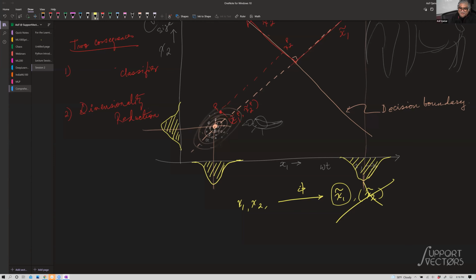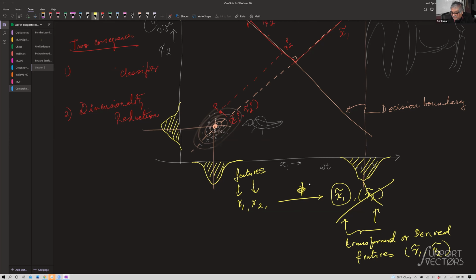So now if you think about it, geometrically, it is obvious. What is happening to the data? This is a feature in the original space, these two features, isn't it? And what we are saying is, using some transformation, if we can find another feature set such that we can ignore some of the new features. So you can call these derived features, transformed or derived features, x1 tilde, x2 tilde, right?